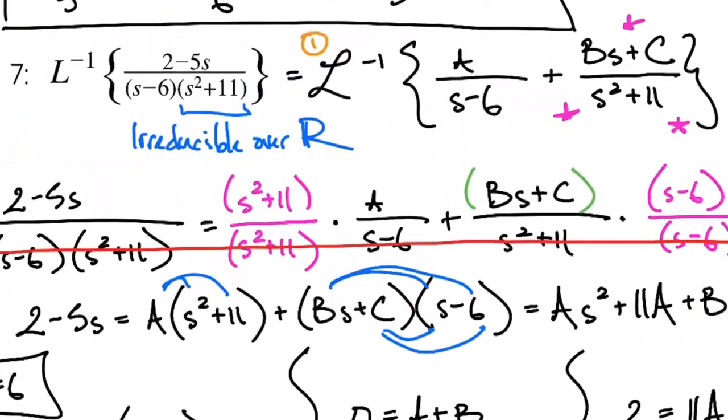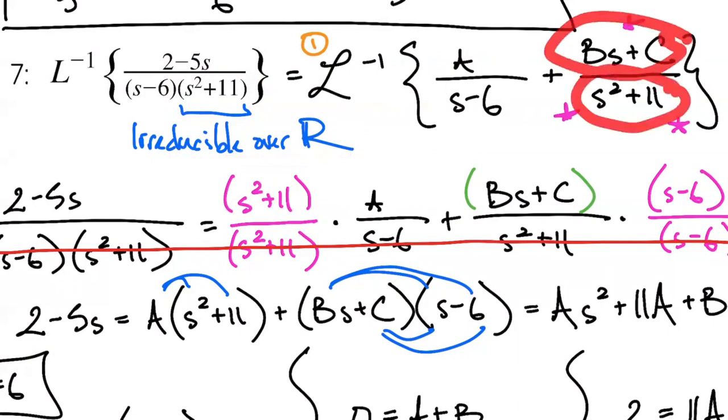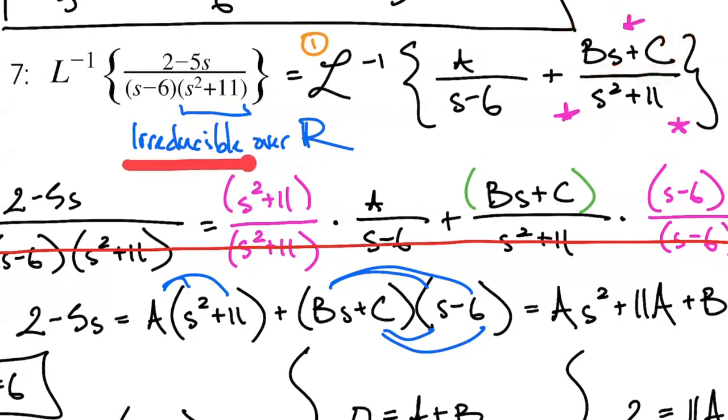We said earlier that s squared plus 11 is irreducible over the real numbers. It's not just that the bottom is quadratic, so the top is linear. We have to be more specific than that. If we have an irreducible quadratic factor, then we put the linear one on top.